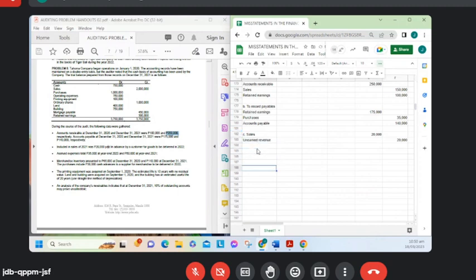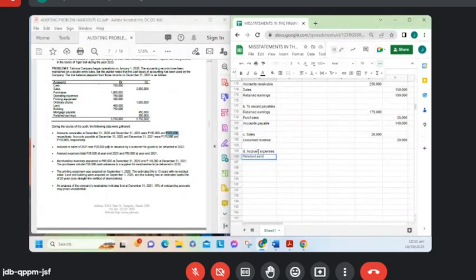Next bullet is accrued expenses. Total 35,000 pesos at year end 2020 and 50,000 pesos at year end 2021. So similar to the one above, we are going to record this accrued expenses as a debit, since the understated expense results in overstated net income.